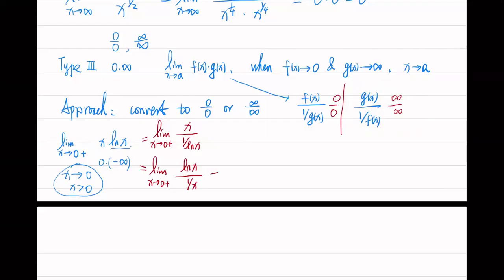Okay, let's apply L'Hopital's rule. Derivative of logarithm, what's that? 1 over x. Derivative of 1 over x. So it's x to the negative 1, derivative.